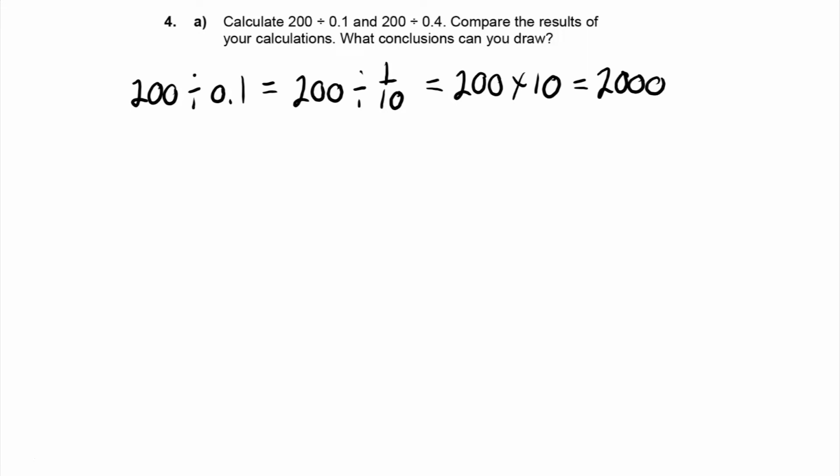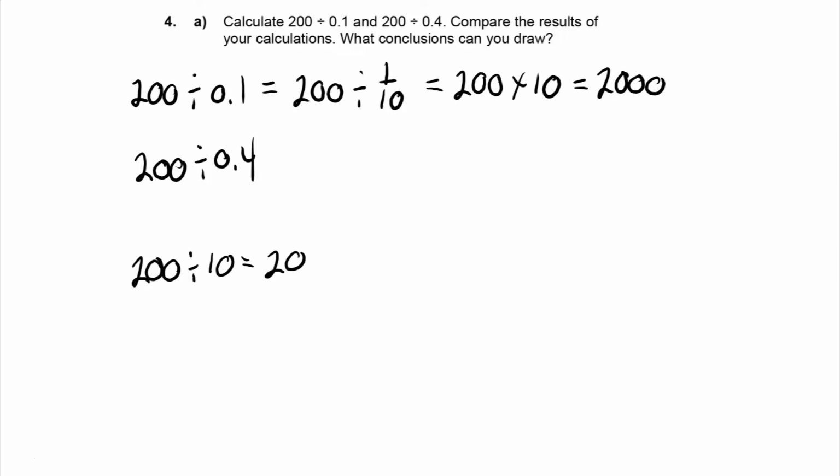Now we'll look at the second part of the question. 200 divided by 0.4. The thing we notice here is that the 0.4 is 4 times the size of the 0.1 in the previous equation. Let's step back and remember what happens if you take 200 cookies and divide it by 10 people.